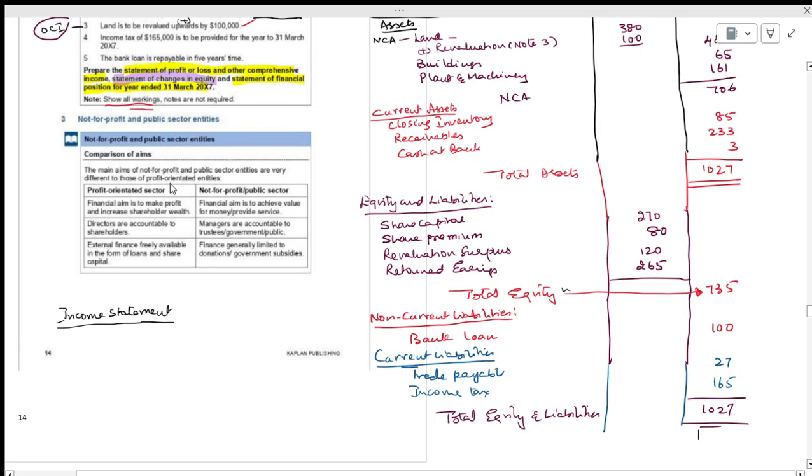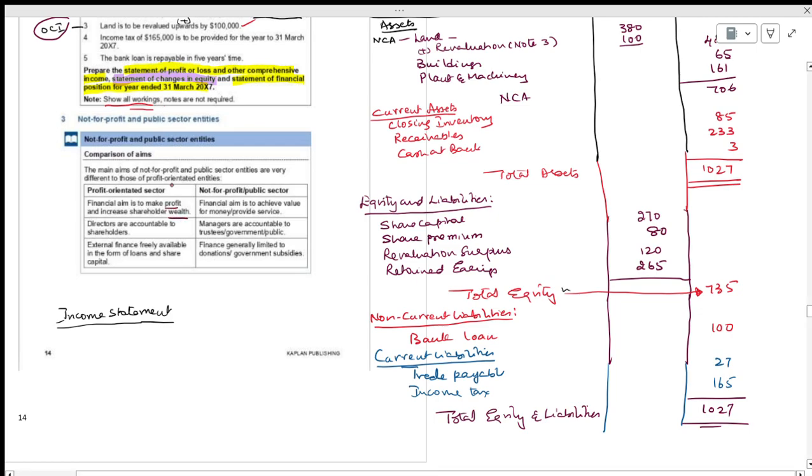What they are saying is not for profit, government organizations, charitable institutions. You have Oman Charitable Institution, Oman Cancer Association. The main areas for non-profit and public sector are very different from those. They are not working for profit. Companies work for profit; they want to make wealth.